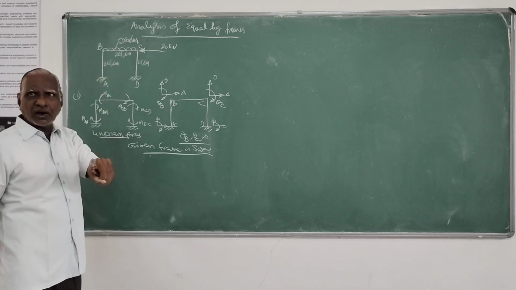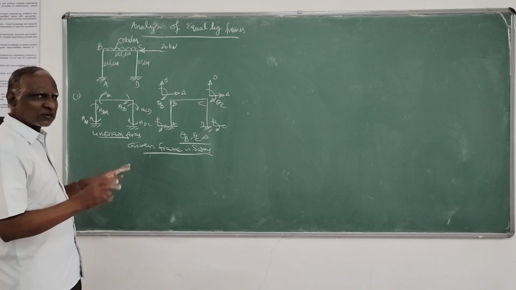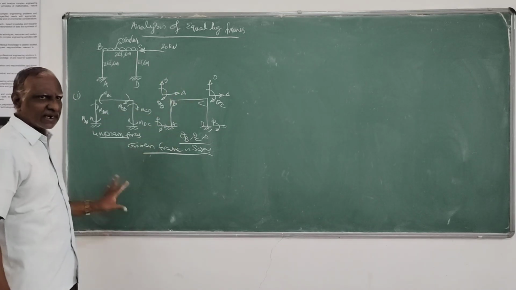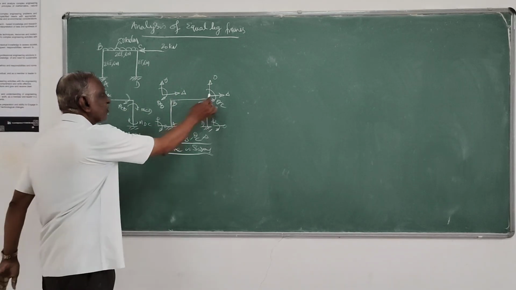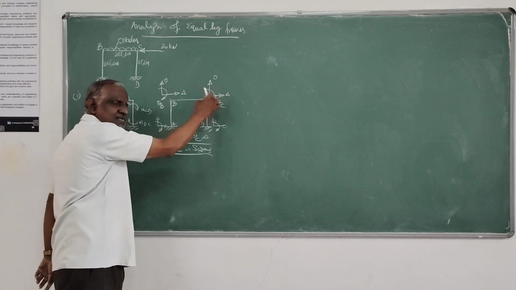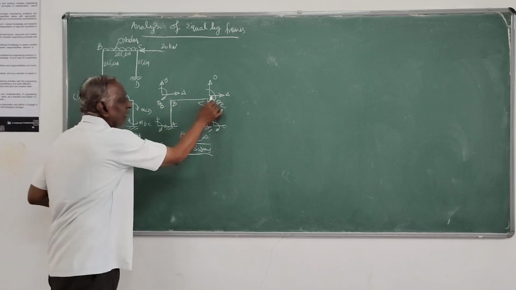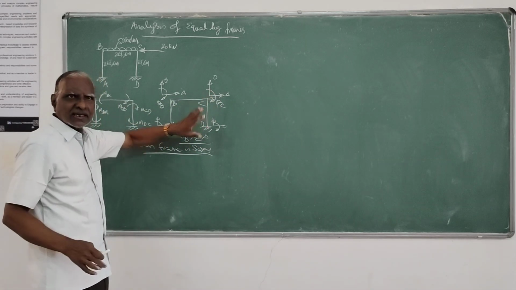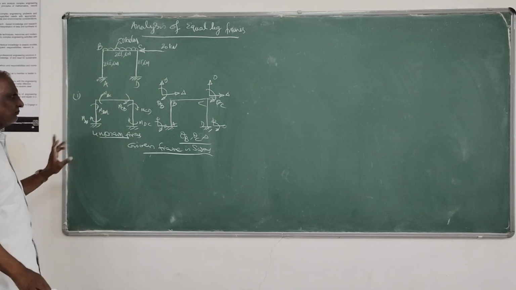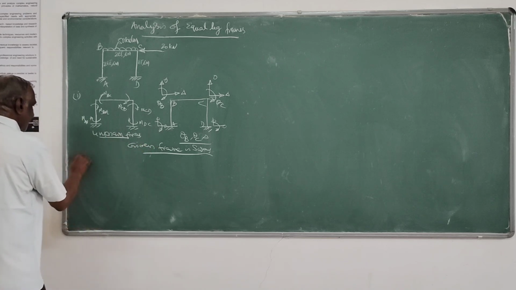So whatever notion you have in the mind, you cannot reach the conclusion without doing this exercise and arriving at it. Unless this end is held, by being fixed, or by a roller or hinged joint, you cannot conclude it is not sway. That type of problem also we have done. Now this is a sway type of frame.